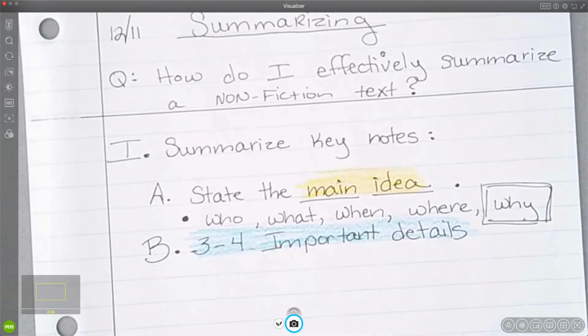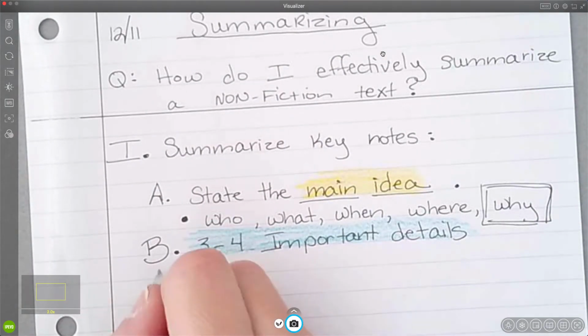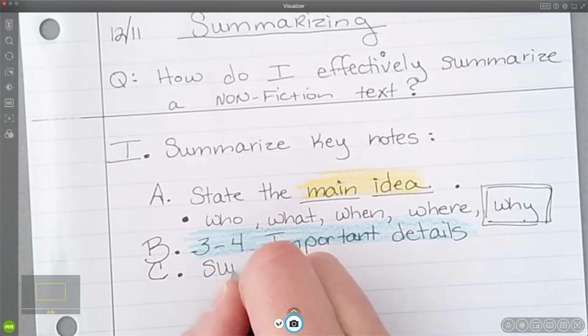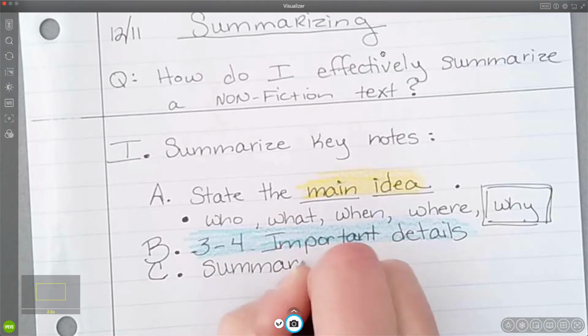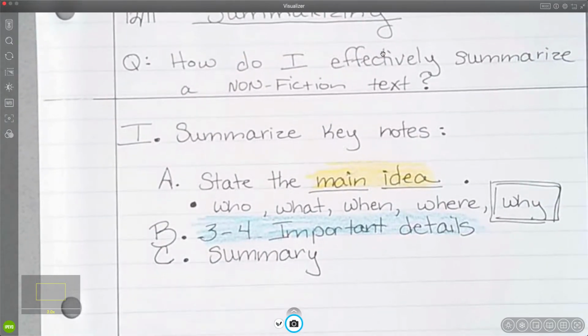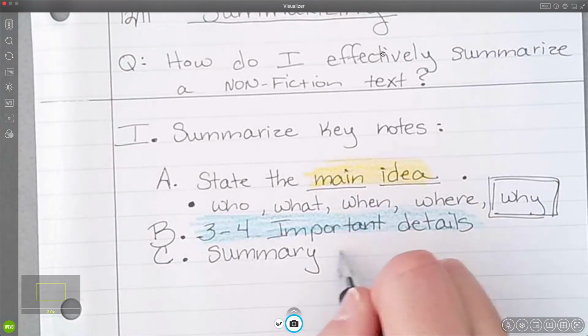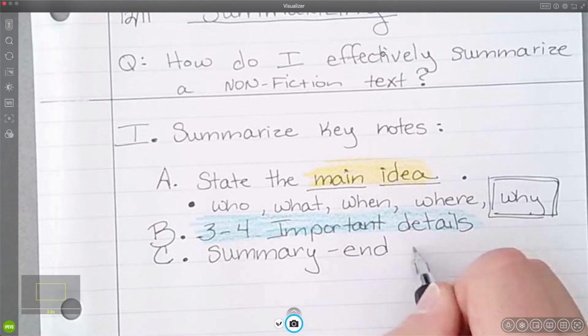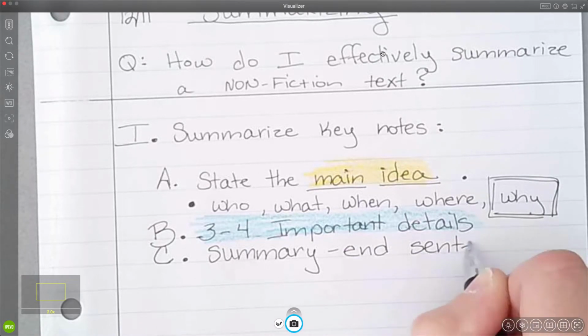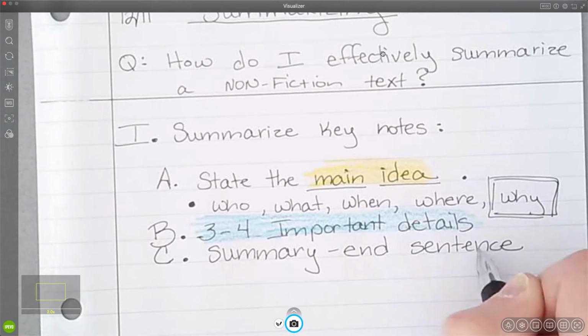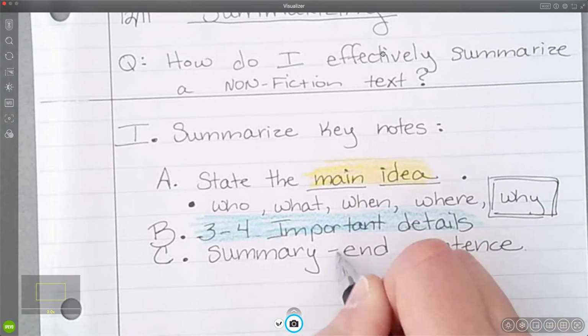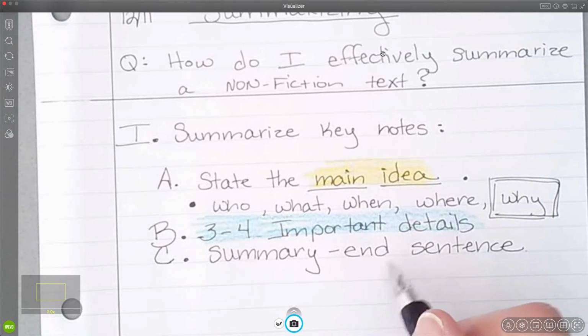Okay, finally, C, your summary sentence. When we do a summary sentence for your book report, you need to state, these are the reasons why I recommend the book. For a summary, your end sentence is kind of restating your main idea.